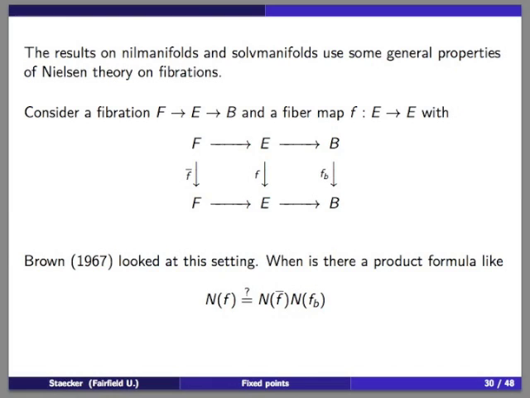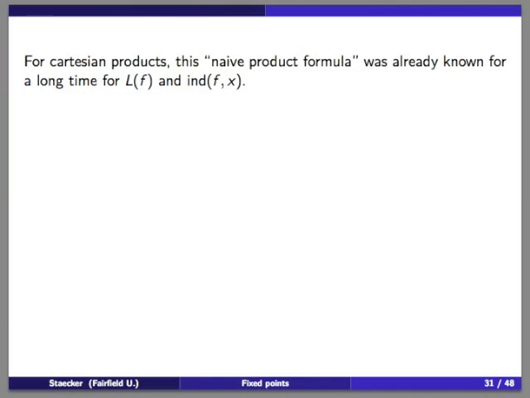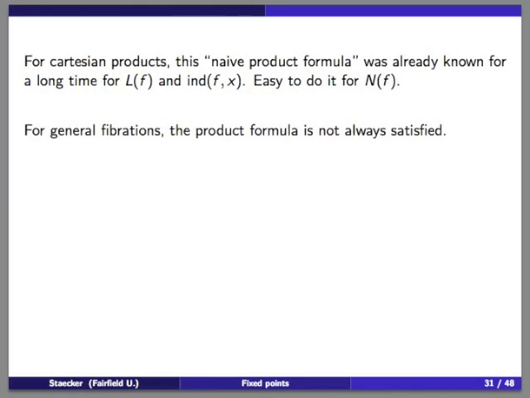The Nielsen number of the fiber map is the product of the Nielsen number of the map on the fiber and the map on the base. If your fibration is a product, an actual Cartesian product, like a trivial fibration, then this came to be called the naive product formula. This was known for a long time to be true of the Lefschetz number and the fixed point index. Knowing that it's true for the fixed point index, it's not too hard to show that it's also true for the Nielsen number. So the question was, when can we get the product formula for fibrations?